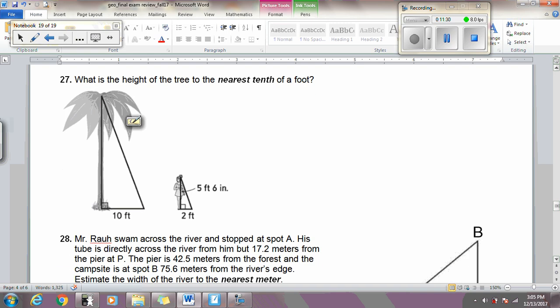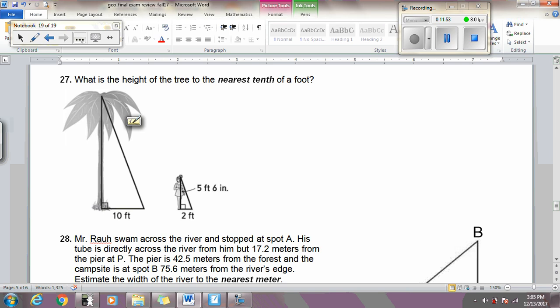27 wants us to find the height of the tree to the nearest tenth. First things first, the side that represents the girl is broken into feet and inches. So we need to convert it to either both feet or both inches first so that everything is consistent.